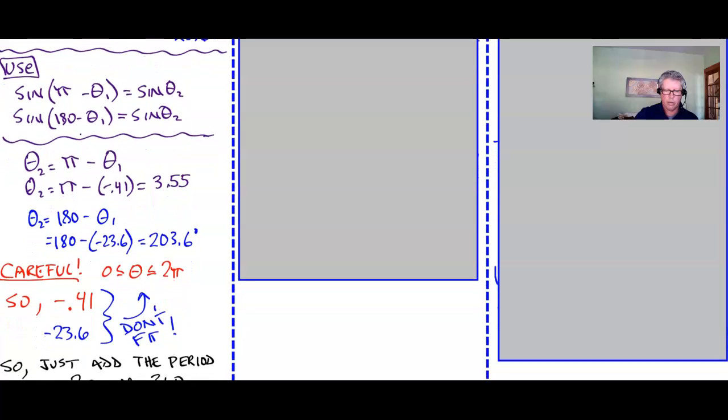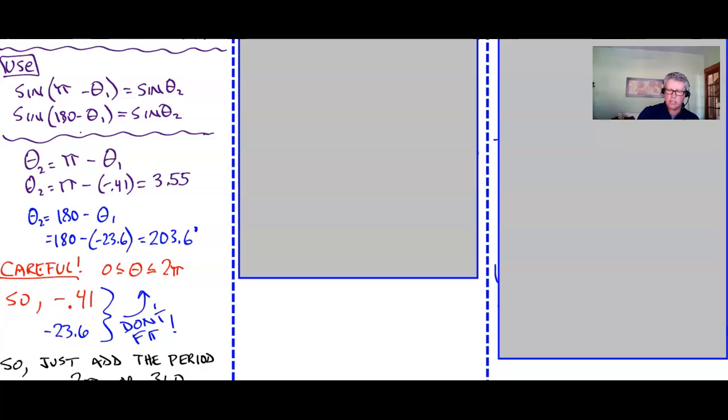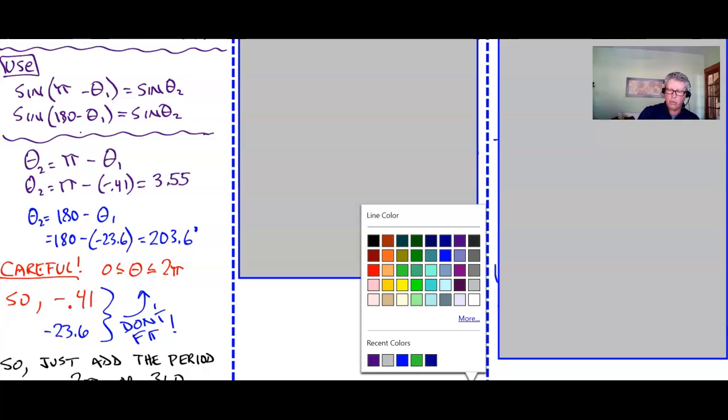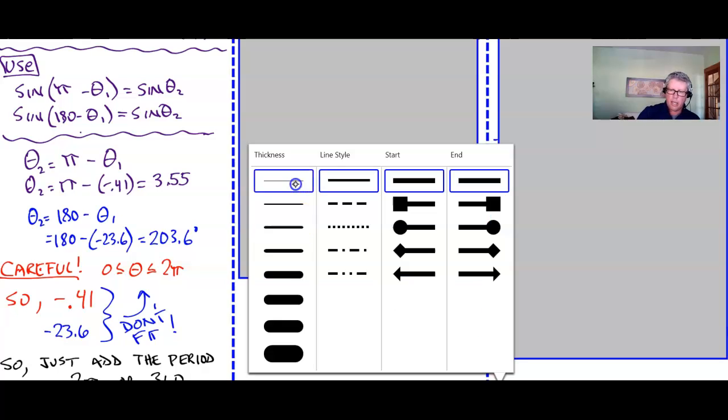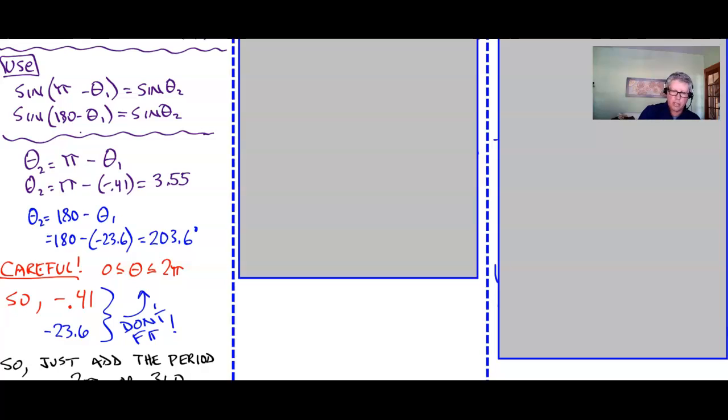I will tell you that the answers are supposed to be between 0 and 2 pi. Our first answer is actually negative. So we're like, dang it, that didn't quite work. Remember, it's an angle that works.